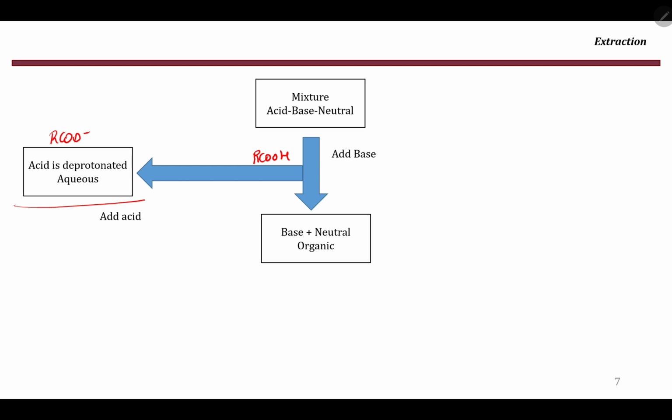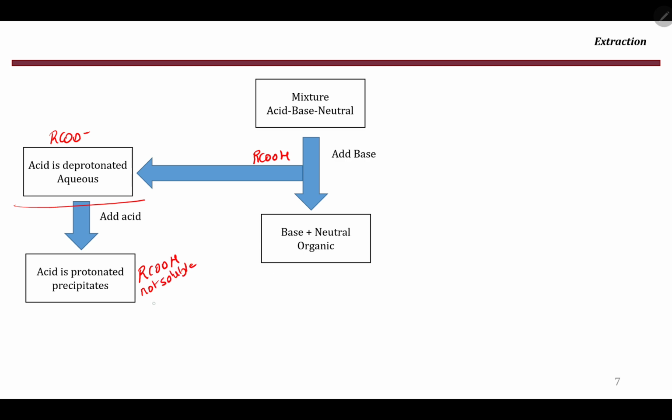Now, usually, if you want to remove your acid from the aqueous layer, you add an acid again to it, and this is going to protonate it, so it will convert back into RCOOH. Now it's not soluble in water anymore, and it will precipitate as a solid.